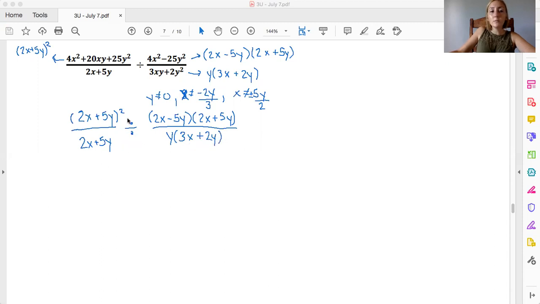What we do with the division is we take our last fraction, the second one here, and you flip it. So you flip and it becomes a multiplication. It becomes easier like we had done previously. So it becomes the power of 2 over 2x plus 5y, times, and our denominator becomes our numerator. That should be a 3.